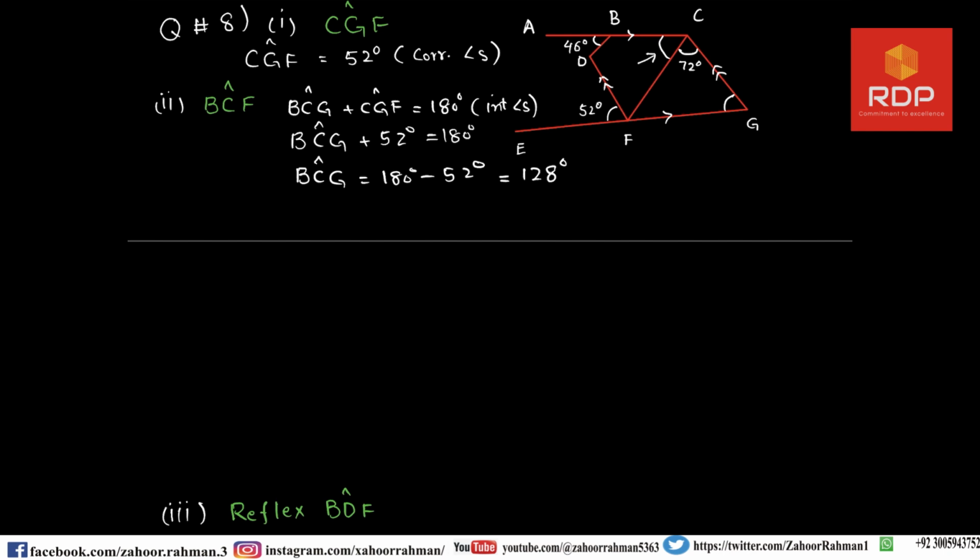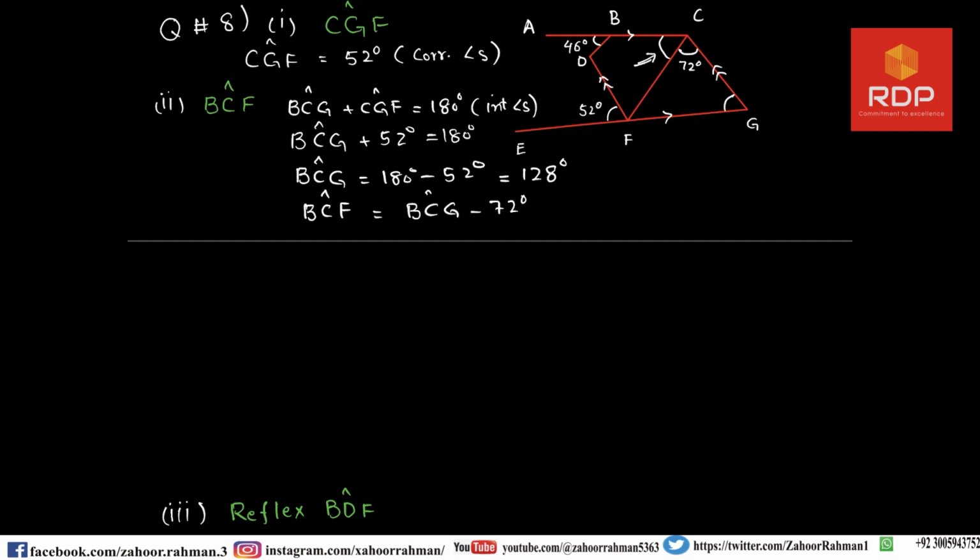BCF. Now we are in a position to find BCF, which is equal to BCG minus 72.